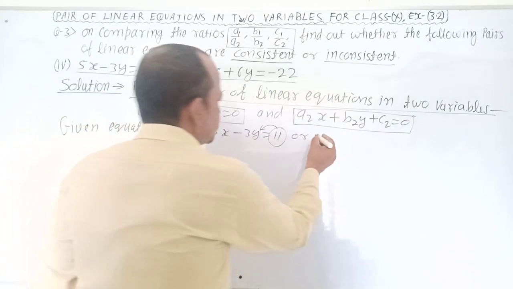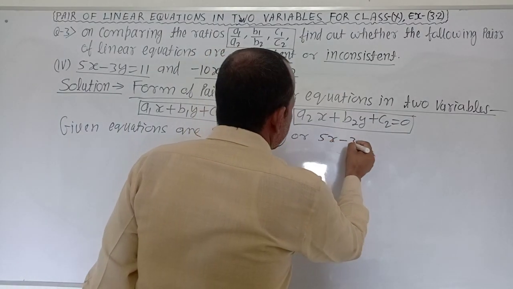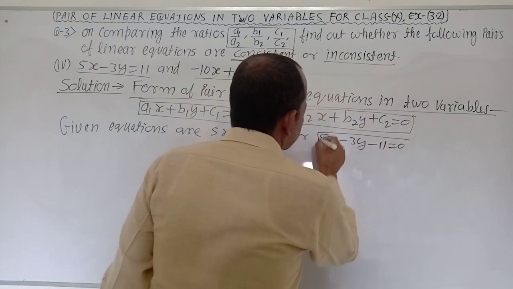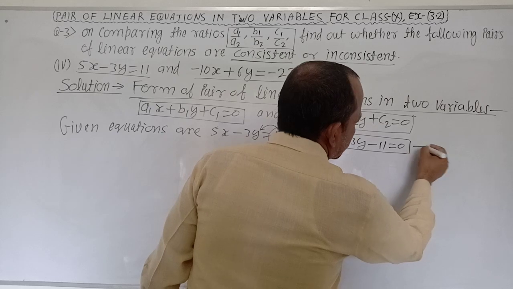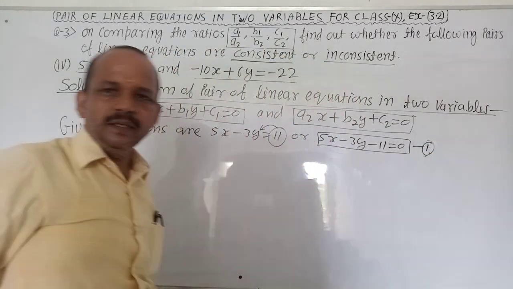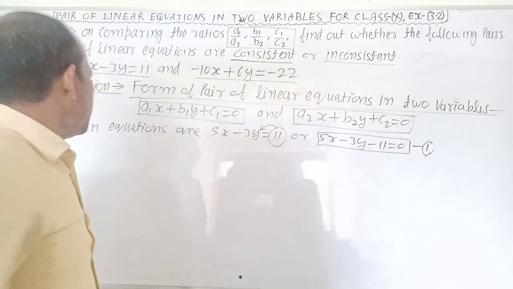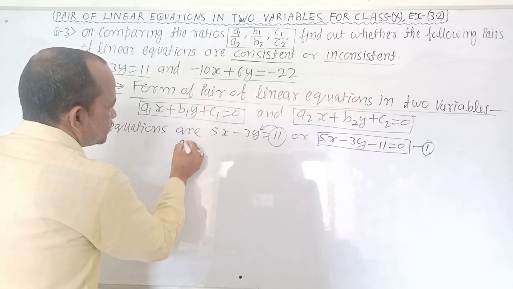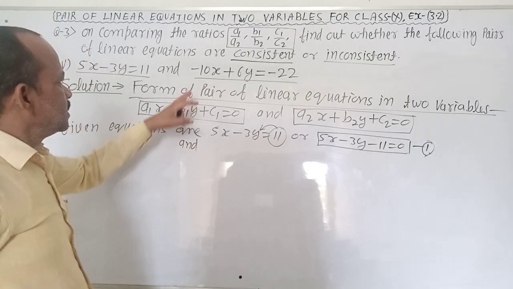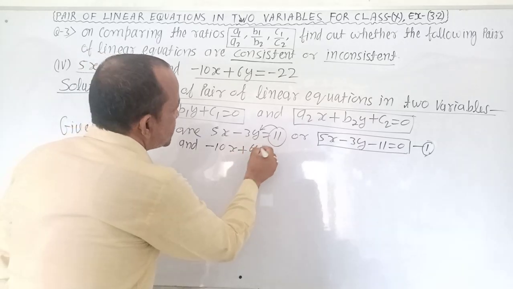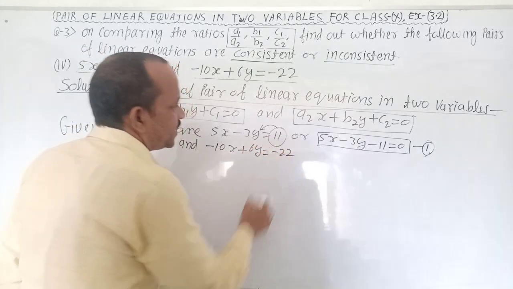It becomes 5x minus 3y minus 11 equal to 0. It is equation first. And minus 10x plus 6y equal to minus 22.